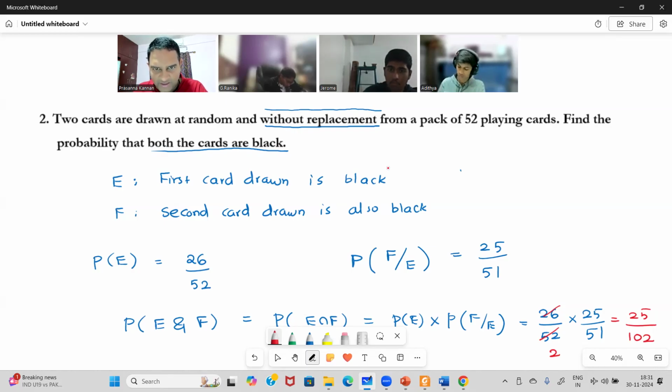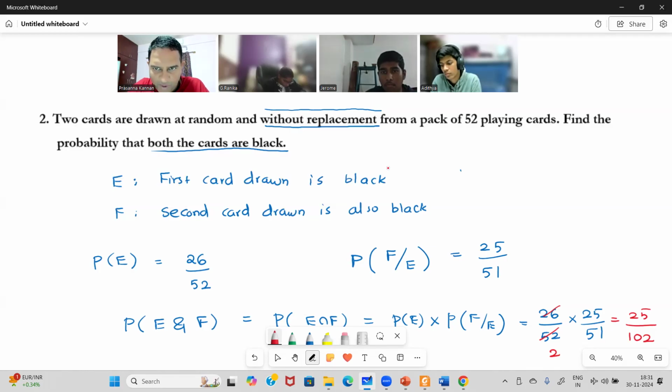Jerome, unmute and listen carefully. We discussed two examples last time, right? I draw a king, keep it aside, and then I'm going to draw a queen. What is the probability of drawing a queen when I took a king earlier? 4 by 51, correct? So I had taken king earlier outside, right?